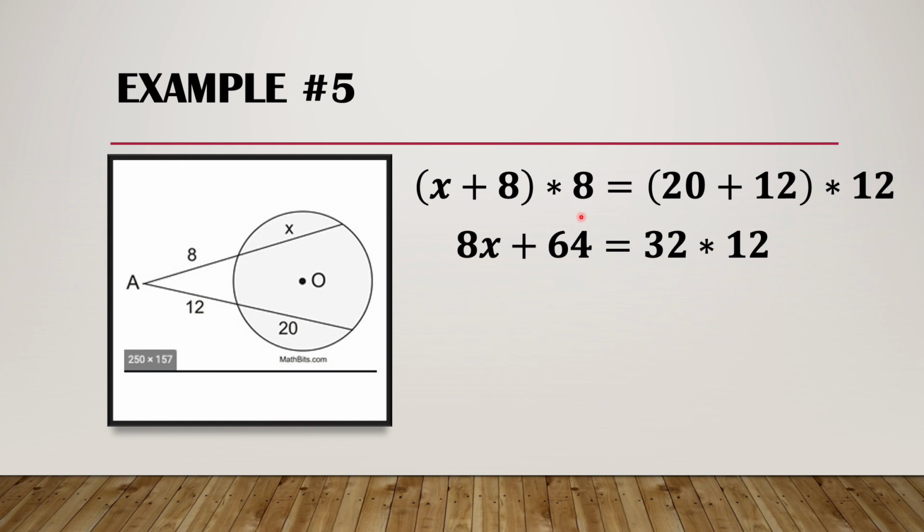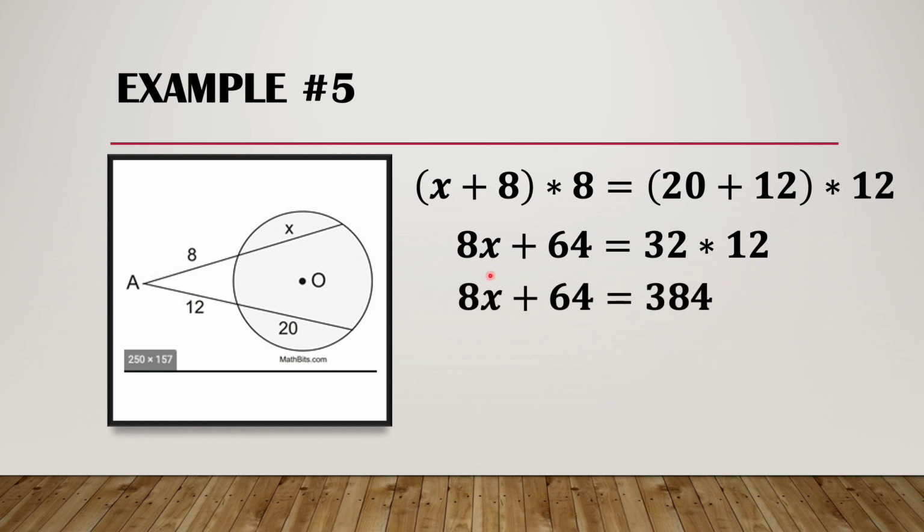Simplifying, distribute 8. 8 times x, 8x, 8 times 8, that is 64, equals 20 plus 12, 32 times 12.